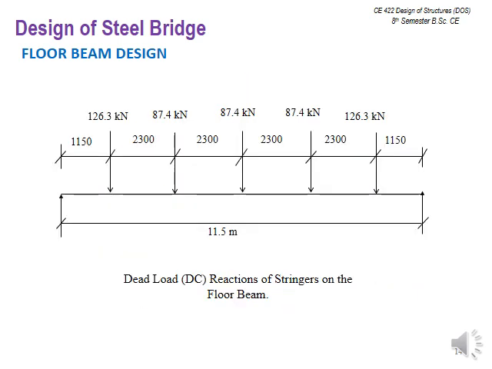So for this particular case, you can see the loads coming on this total span of the floor beam. This is not 7.6 now. This includes the curb width, the roadway width, and the clearances. So this is the total. Here you are going to apply the load coming from the stringer. You can see that the first exterior stringer is lying over here.